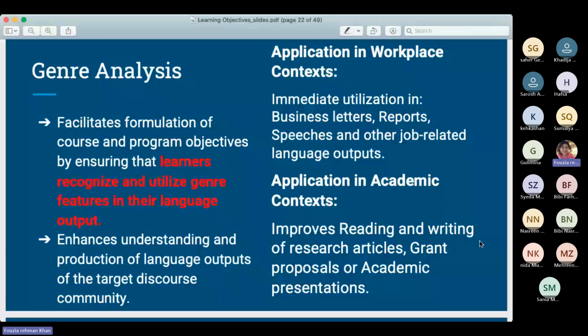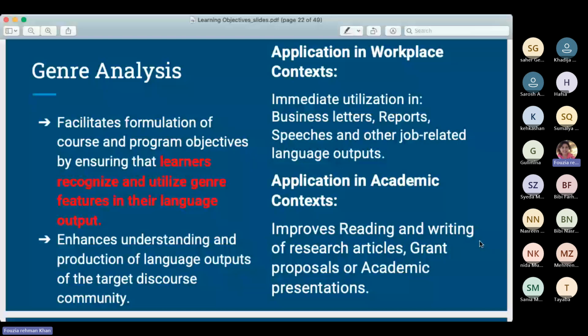Genre analysis is basically done by ESP people who are developing the course, first things first. Now, the findings of any genre analysis, the features of a particular genre that need to be taught to the students, should be part of the objectives, and should necessarily be taught to the students of ESP.